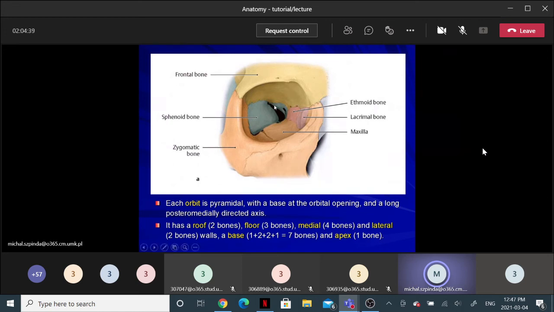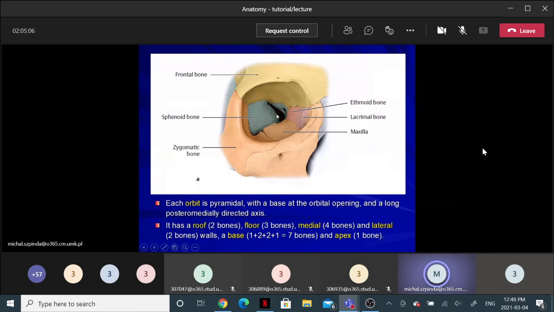And so, between the superior wall and the lateral wall of the orbit is the superior orbital fissure, leading to the middle cranial fossa, like does the optic canal.